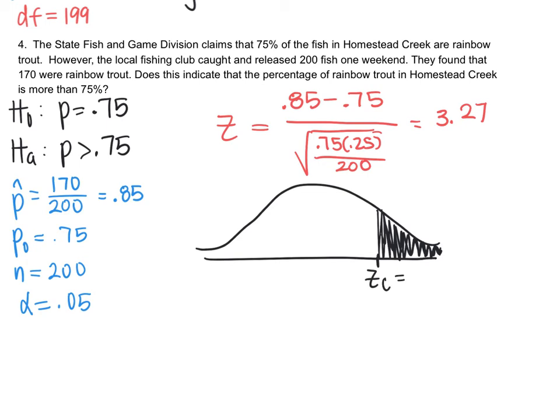So for our Z-critical value, alpha 0.05 gives us a Z-critical value of 1.645. 3.27 is greater than that, which means we are going to reject the null hypothesis, which means there is evidence to show that the proportion of rainbow trout in Homestead Creek is greater than 75%.